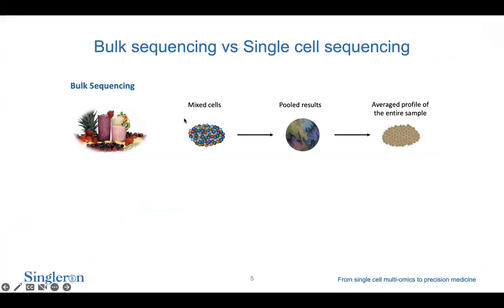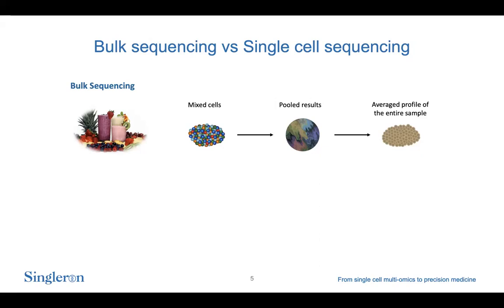So you usually have mixed types of cells in the tissue that you are trying to investigate, and you extract your RNA from this tissue, and basically you pool all the RNAs from different types of cells together. So once you sequence a library that was basically created from this RNA pooled from various types of cells, you get an average profile of the entire sample.